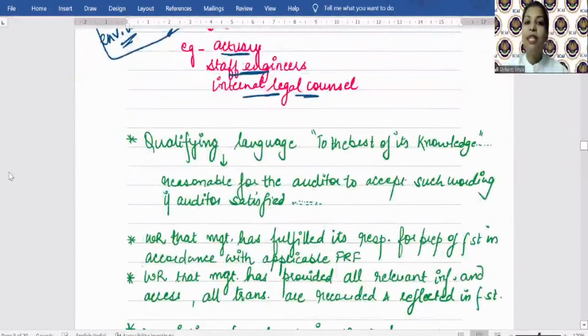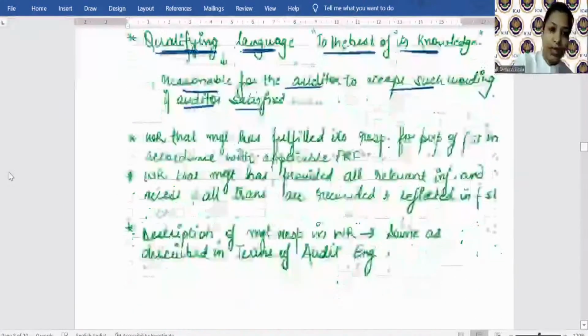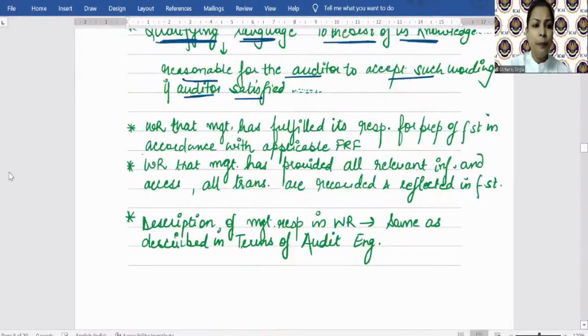When the management is giving the written representation, it may use certain qualifying language, like 'to the best of our knowledge', which is absolutely okay. It is reasonable for the auditor to accept such wording if the auditor is satisfied that the written representation is given by a knowledgeable person and that it is appropriate. Simple, very basic points.